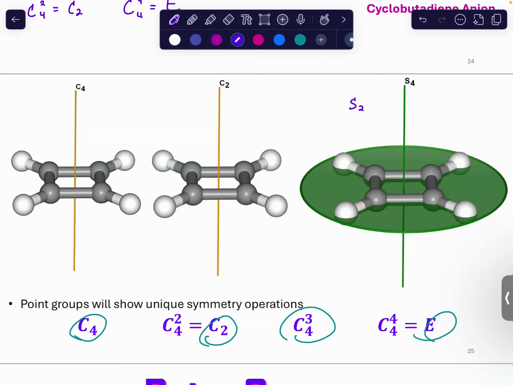So a C2 is going to be seen as a unique element. A C4 squared is not, because it's the same thing as a C2. You have your principal axis, then you look for lower order axes. Your lower order axes will be unique, but any successive operation of the higher order axis that matches the lower order axis is not considered unique.